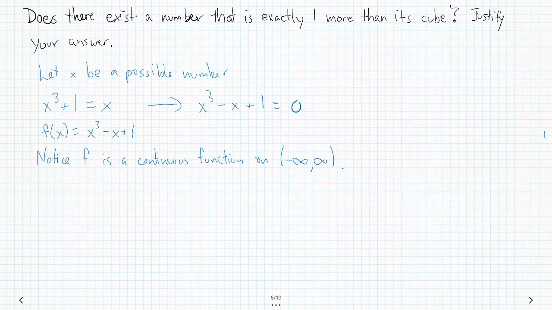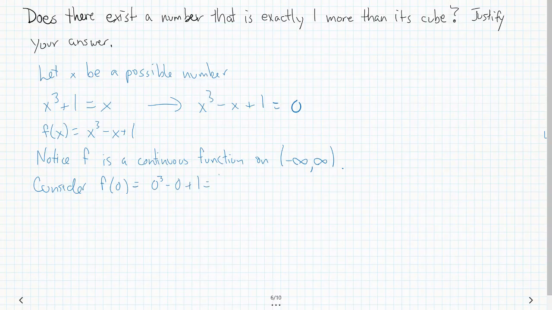So in this case, let's take a look at an upper bound. Let's just use f of 0 because that'll be easy. So that would be 0 cubed minus 0 plus 1, and so that equals positive 1.